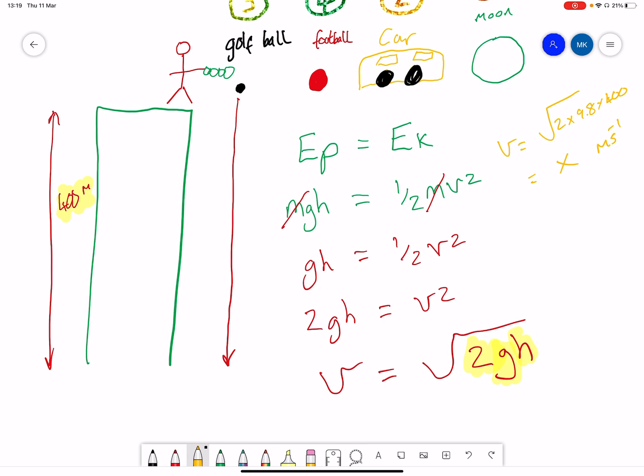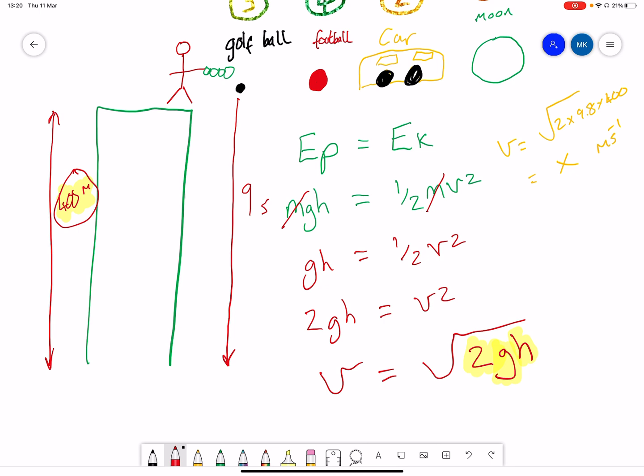That's if you're given a distance in the question. If you're not given the distance in the question, what they will give you is a time. So let's say that took 9 seconds. The golf ball, the football, the car and the moon were all timed, and it came to 9 seconds.